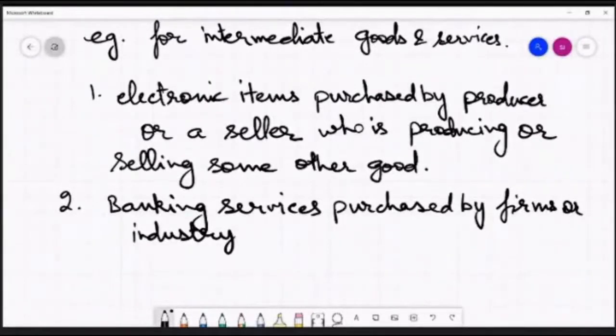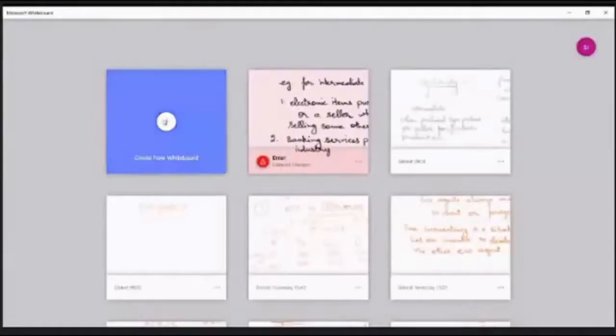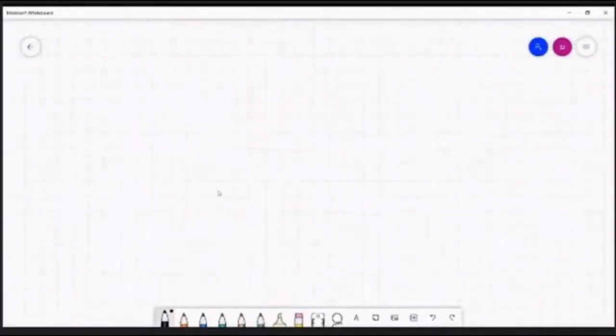See, for that we have a separate method of national income accounting. I thought I will be telling you this later because maybe that will distract your concentration. But when you say national income accounting, basically we talk about three methods of national income accounting.